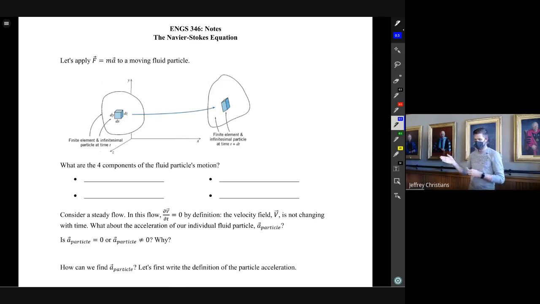There are a couple places that we've done that. There was one problem in the homework where you had to calculate the mass flow rate, the momentum flux, and the kinetic energy flux through a pipe. Remember that one? We had to do a whole bunch of integrals. So there's one problem like that. I promise you that you will not have to do kinetic energy, but you might do either mass or momentum.